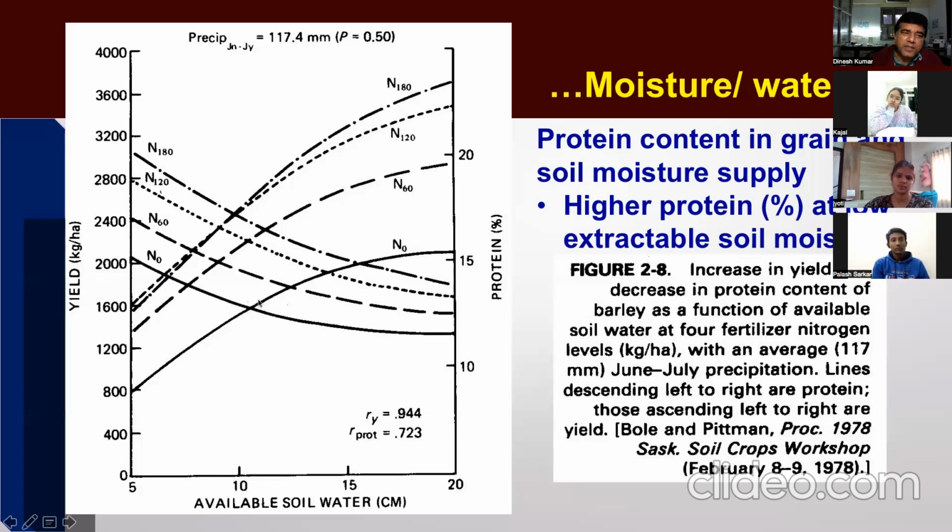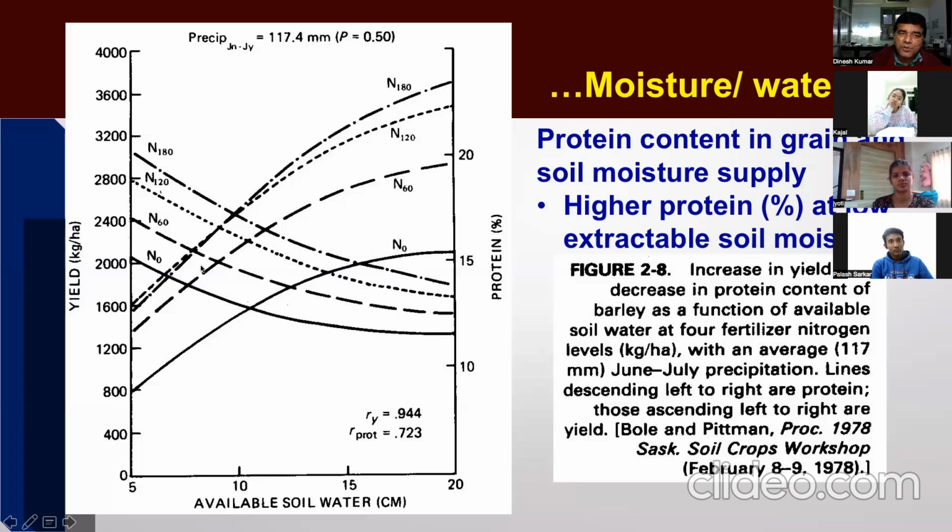Now first you see the yield. What happens to yield? If the water supply is increasing, the yield is increasing at all the levels of nitrogen. See the N0. This is the yield increase at N0. You are increasing water supply, yield is increasing even at control. Without addition of nitrogen, just you have added water, your yield has increased. Next, you have used 60 kg nitrogen per hectare.